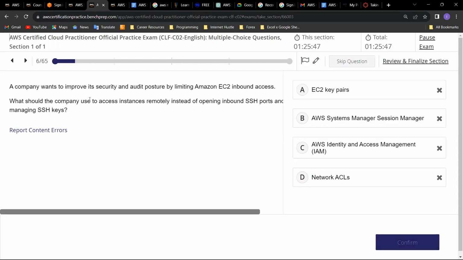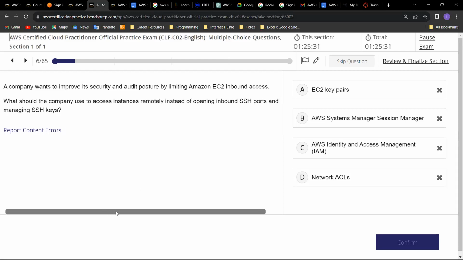A company wants to improve its security and audit posture by limiting Amazon EC2 inbound access. What should the company use to access instances remotely instead of opening inbound SSH ports and managing SSH keys?